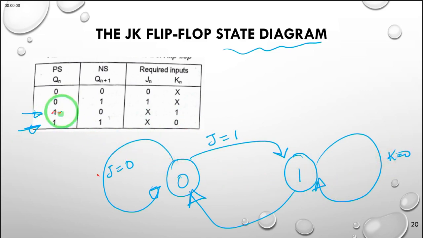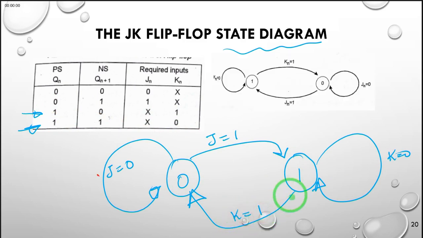And finally, for us to move from 1 to 0, which is this transition, we require K to be 1. So as you can see from this diagram, this is what we have developed right here. These are exactly the same, except that I have interchanged the 1 to be on this side and 0 to be on this side, but they are exactly the same.